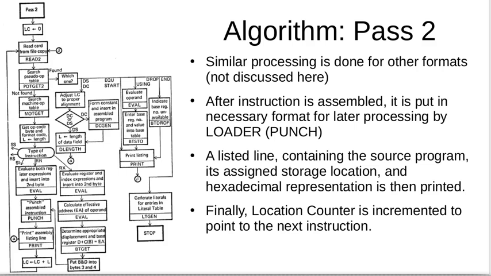These are two steps: the punch assembled instruction step, which says that after the instruction is assembled, it is put into the necessary format for later processing by the loader, and the following step, print the assembly listing line. This listed line contains the source instruction, the assigned storage location and its corresponding hexadecimal representation. This is printed. Finally, the location counter is incremented.